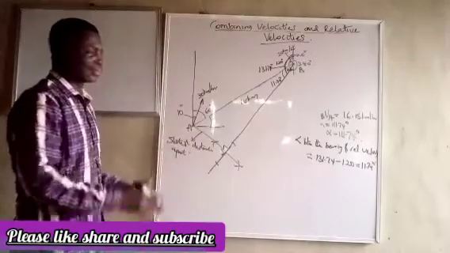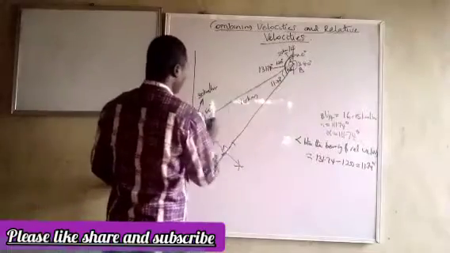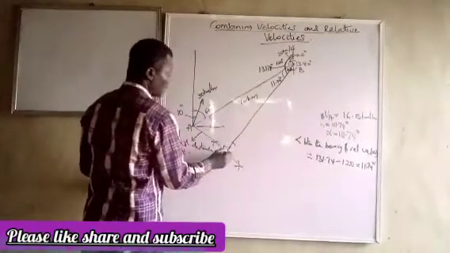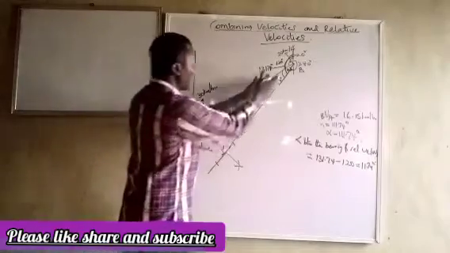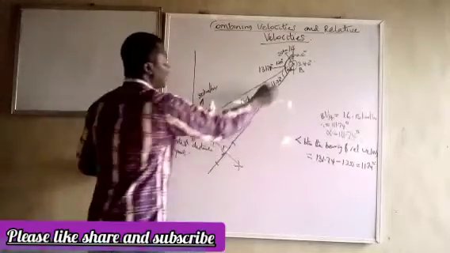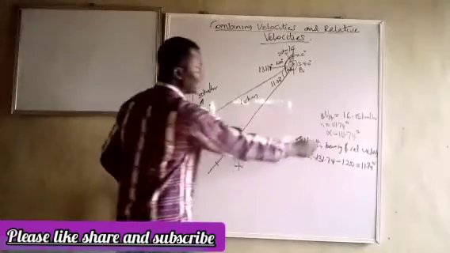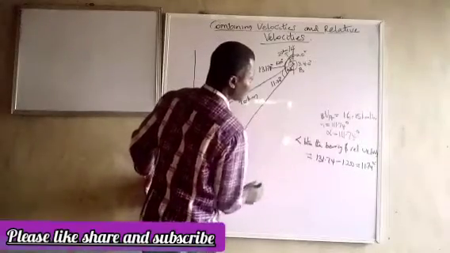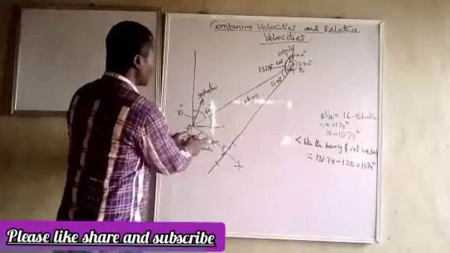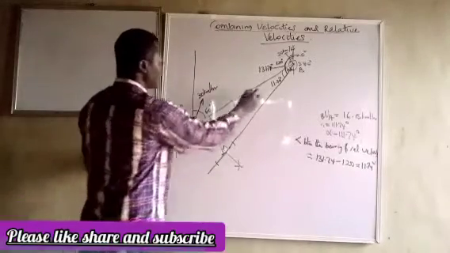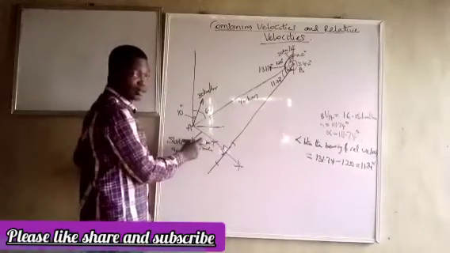Now, to calculate the time they came closest together, you measure from this place to this place, because this is the path of the relative velocity, and you divide it by the relative velocity. From calculation, we were able to get this. The shortest distance, you can see this is a right angle. This place is the hypotenuse, so this place becomes the opposite.